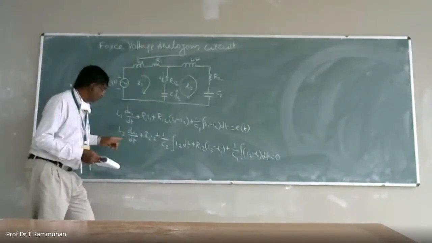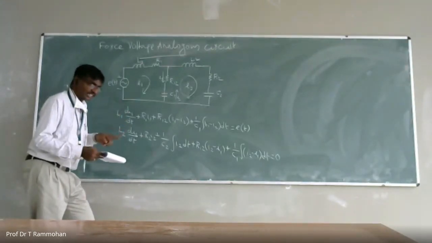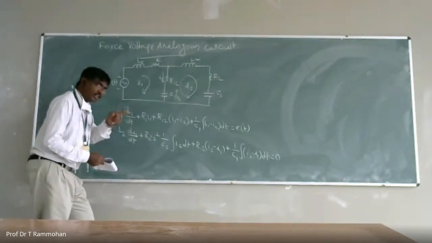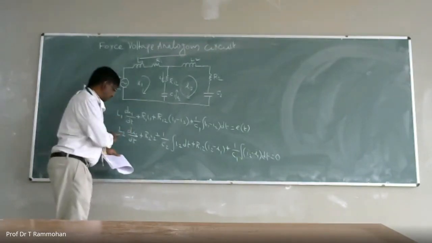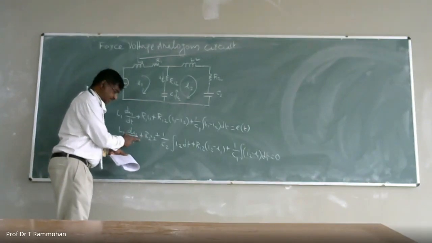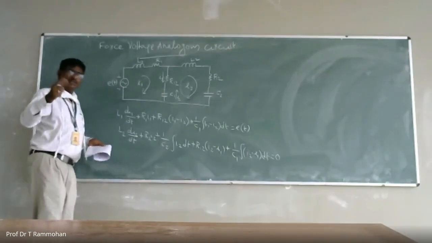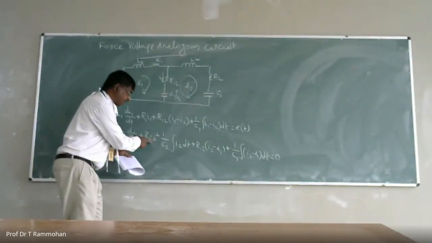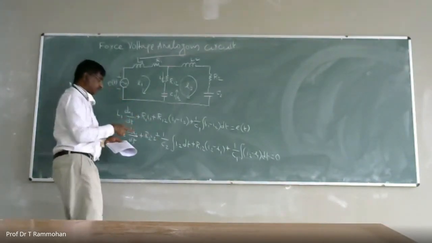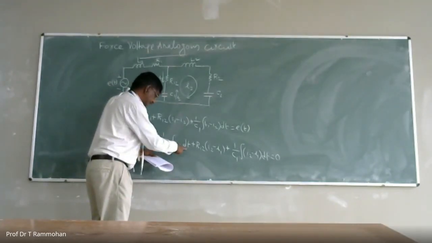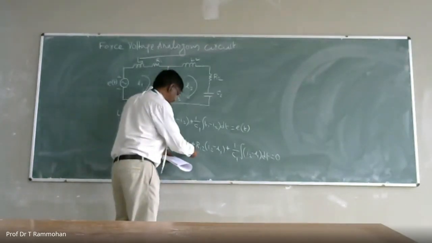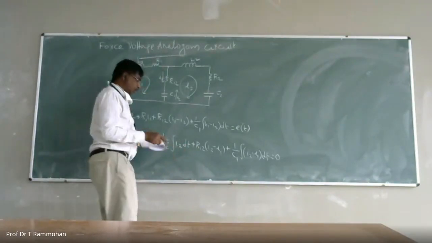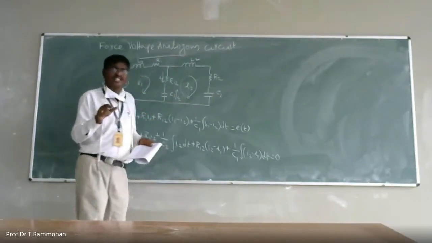Now please listen. In your note, last class we have written the mechanical translational equation. The first term is m2 dv2 by dt. The analogous term is L2 dI2 by dt plus B2 V2. For B, the equivalent is R2, so R2 I2 plus 1 by C2 integral I2 dt, where K2 corresponds to 1 by C2. Plus B12 (V2 minus V1), the equivalent in the mechanical translational system. There V is velocity, not voltage.